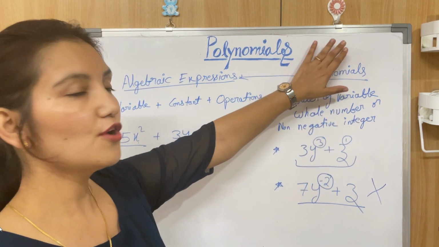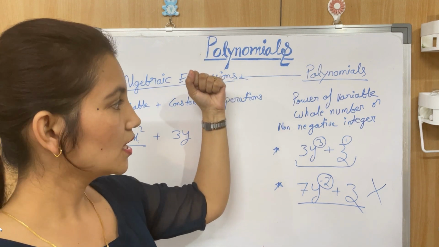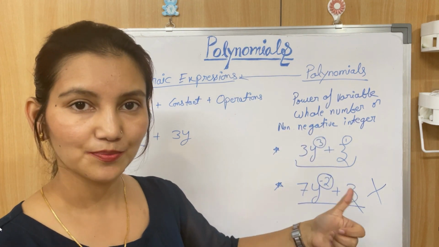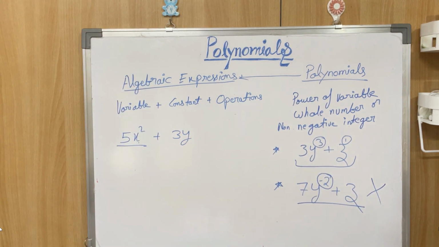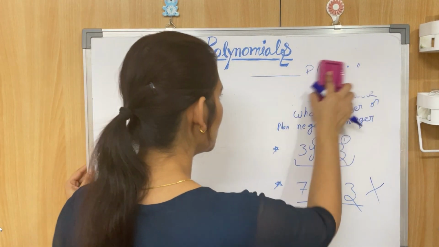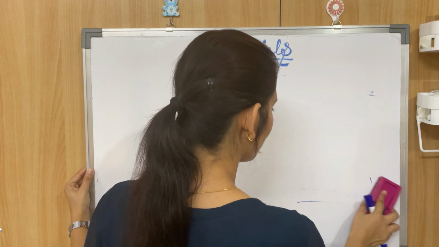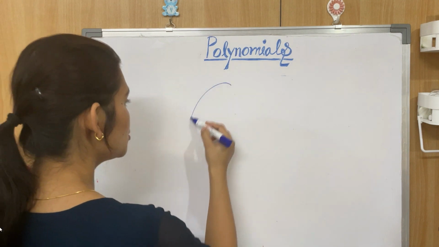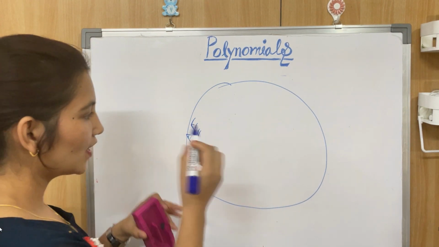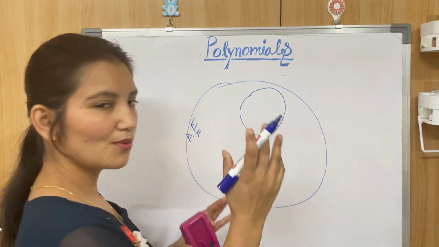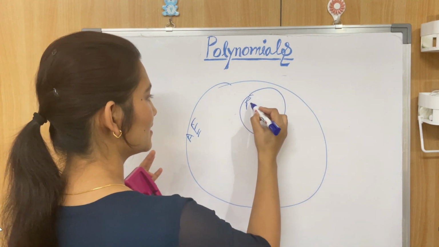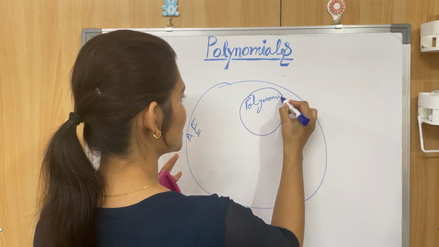Okay, so polynomials are a type of algebraic expressions in which the power of a variable is a whole number or a non-negative integer, right? If you want to visualize it, you can understand it like this. If you think that this huge bag is of algebraic expressions, then polynomials occupy a small portion in this huge bag, right?